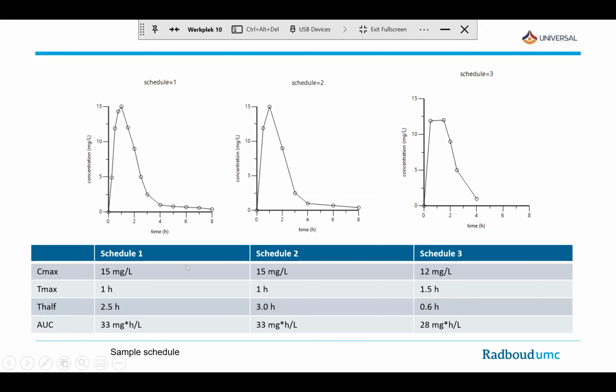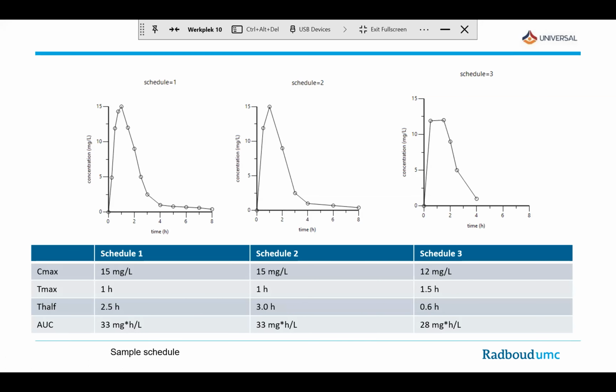So when we look at the pharmacokinetic parameters generated by using these schedules, you see that the Cmax in schedule 3 is not assessed accurately. Tmax almost, but the half-life also differs very much from what it really should be when you look at schedule 1 and schedule 2.